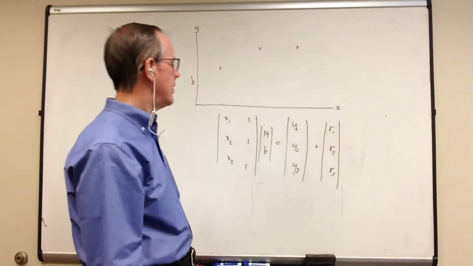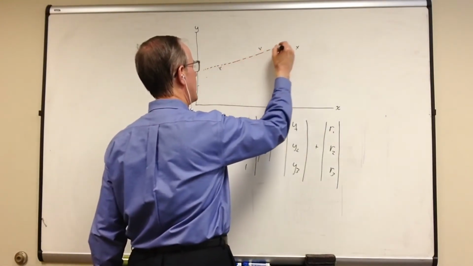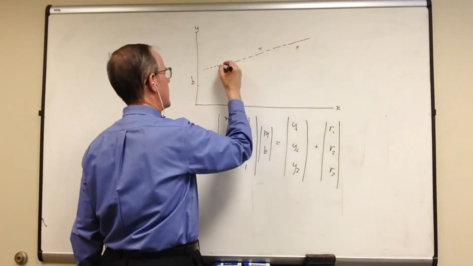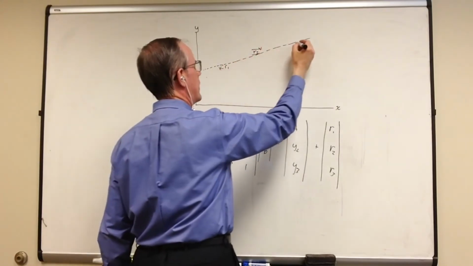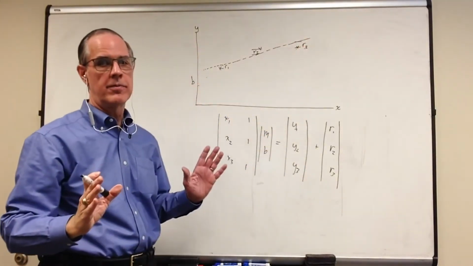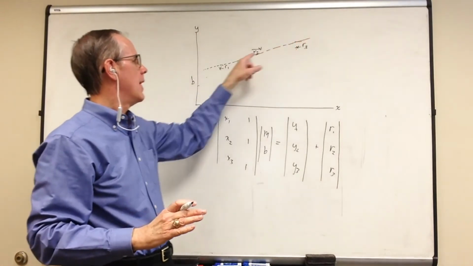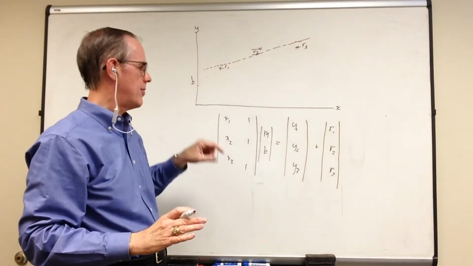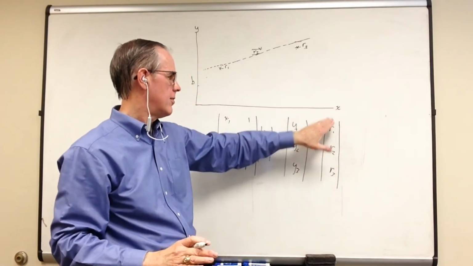And what that looks like is this. If I put a line through here, and this is very conceptual, I'll just warn everybody of that going in. Each one of these points varies some from the line, and that variation is represented in this.